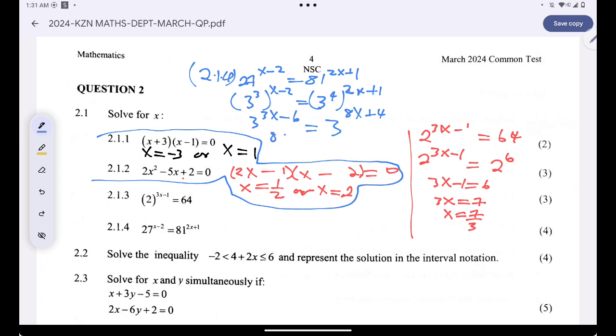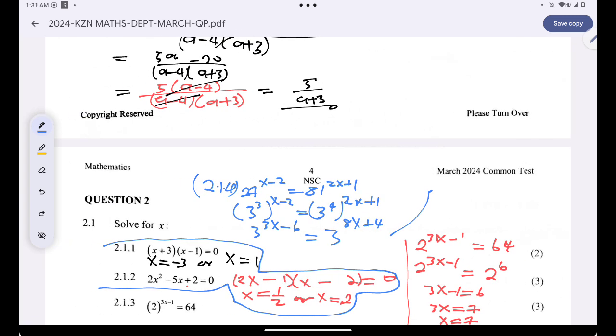So I'll have 3x minus 6 is equal to 8x plus 4.